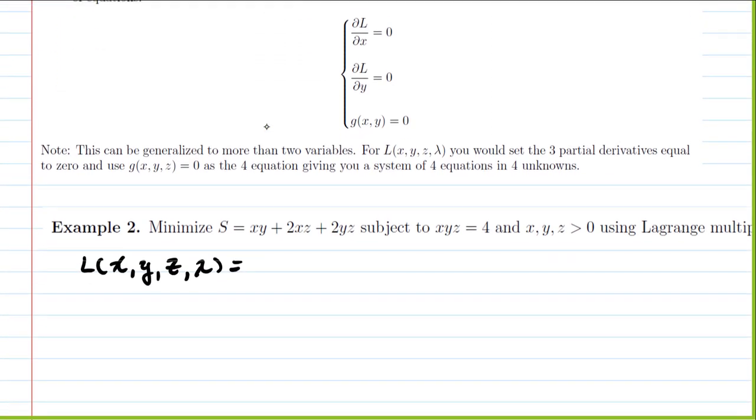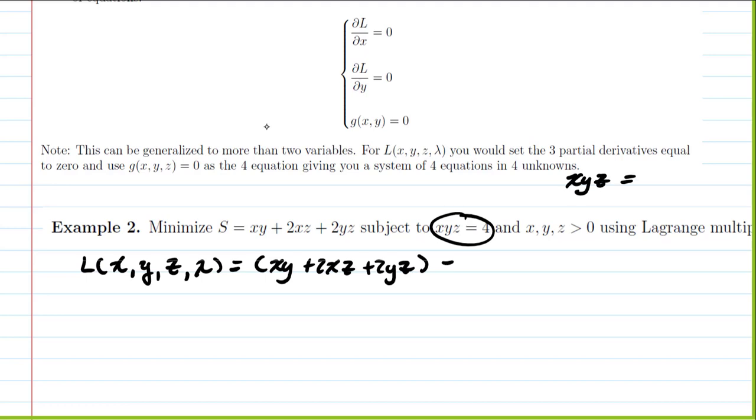So our Lagrangian is going to be xy plus 2xz plus 2yz minus, and then notice it tells us that this has to be equal to 0. This equation is not equal to 0.